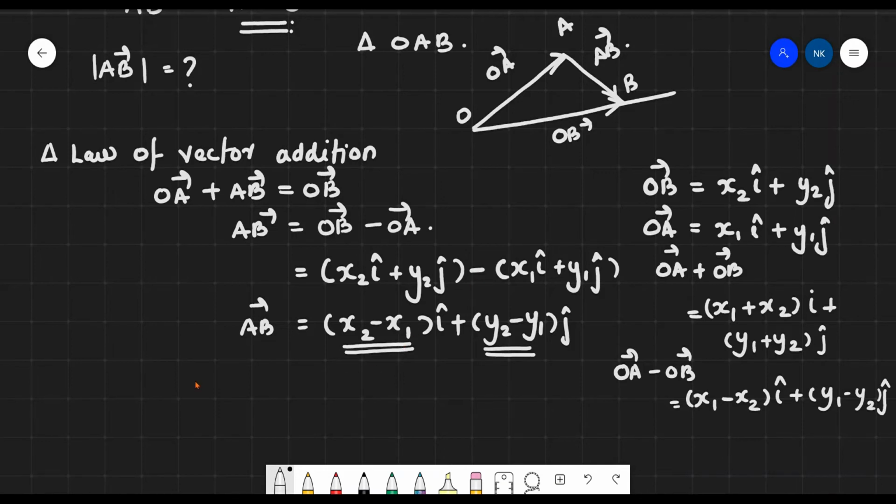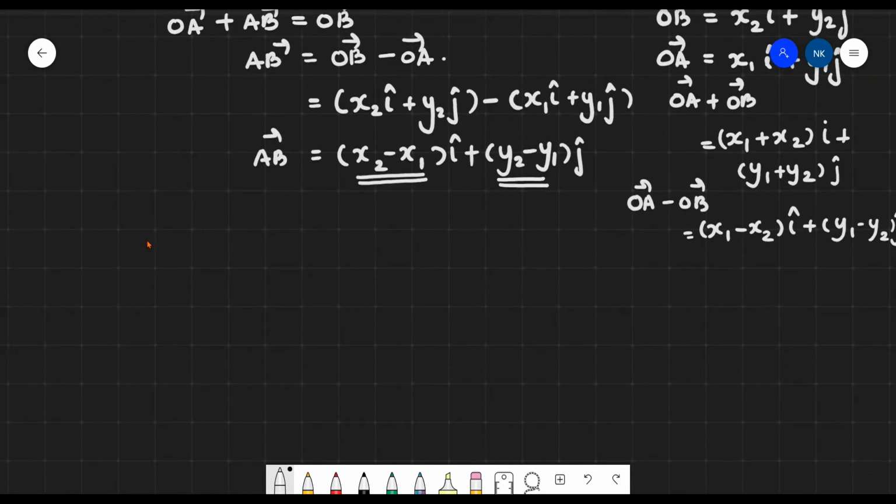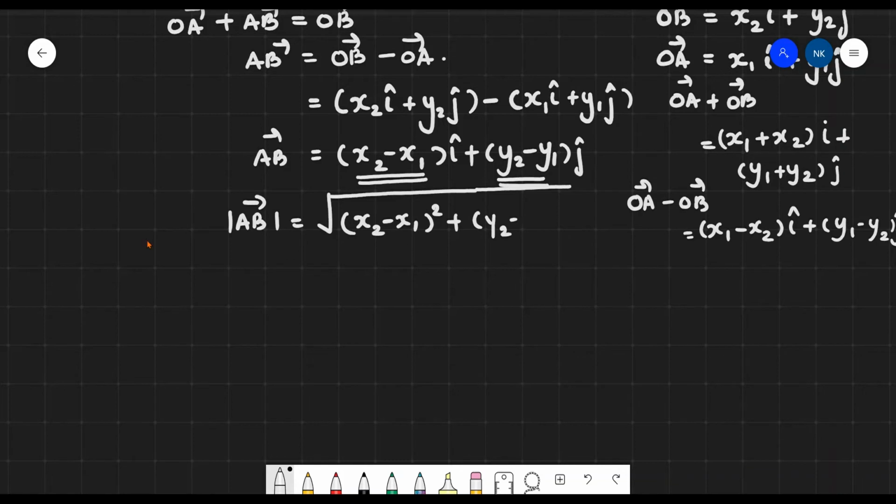Okay, so the magnitude of the AB vector is going to be under root of (x2 minus x1) the whole square plus (y2 minus y1) the whole square. This is going to be the resultant of the vector. Hope you got it.